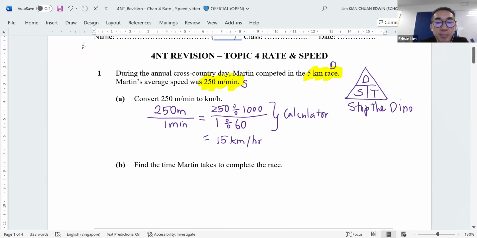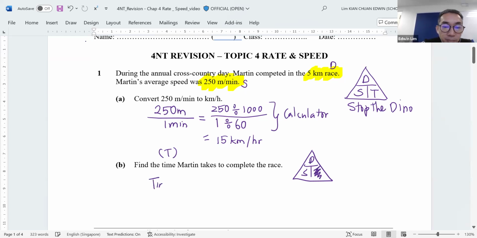Find the time Martin takes to complete the race. Time is T. Based on stop the dinosaur, if you cover T, I hope you can see that it is distance over speed.